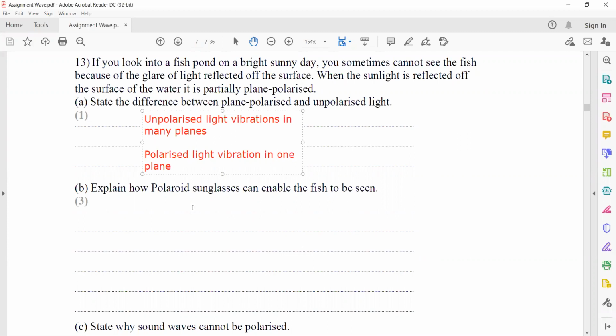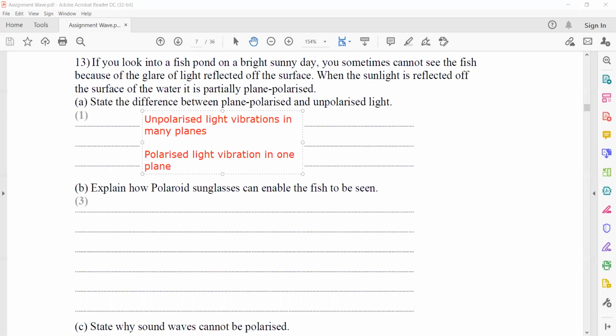Explain how Polaroid sunglasses can enable the fish to be seen. So basically, the light which is coming from the sun is unpolarized light. But when it is reflected, the light is plane polarized.